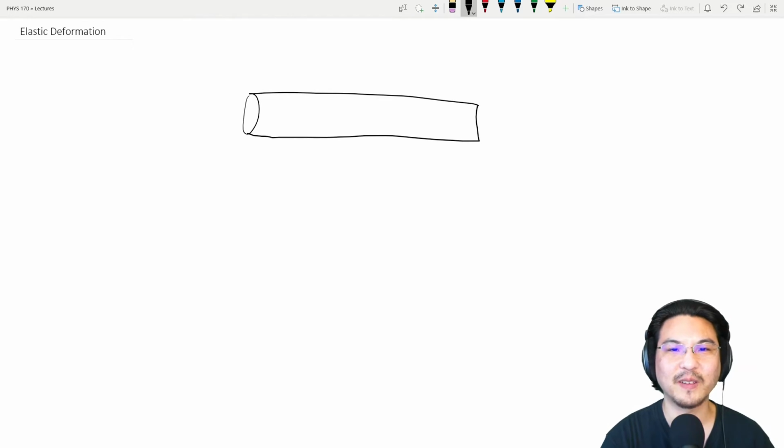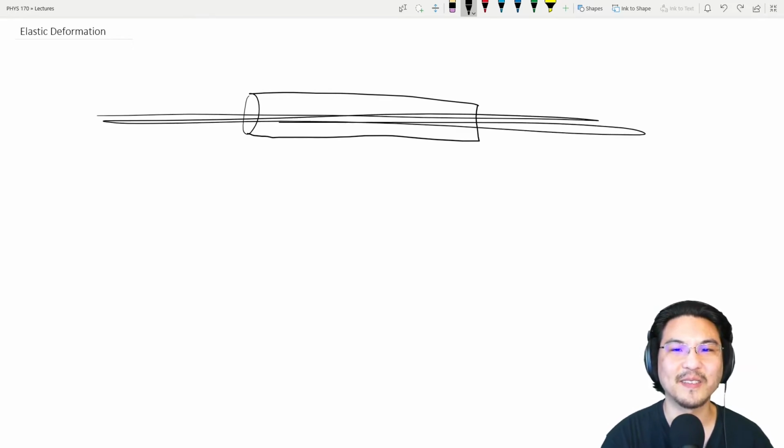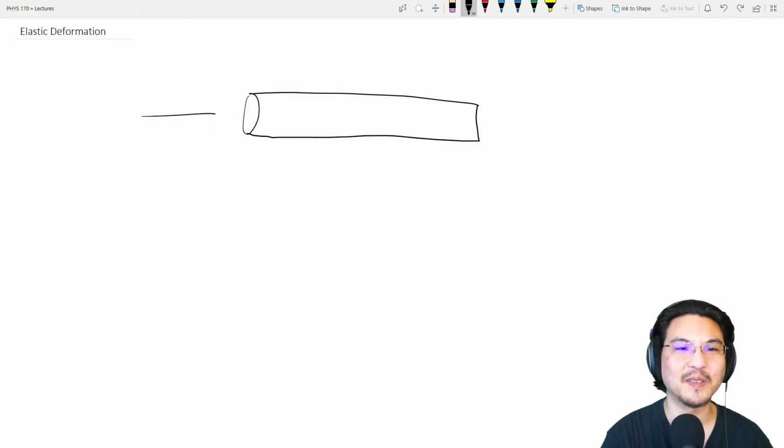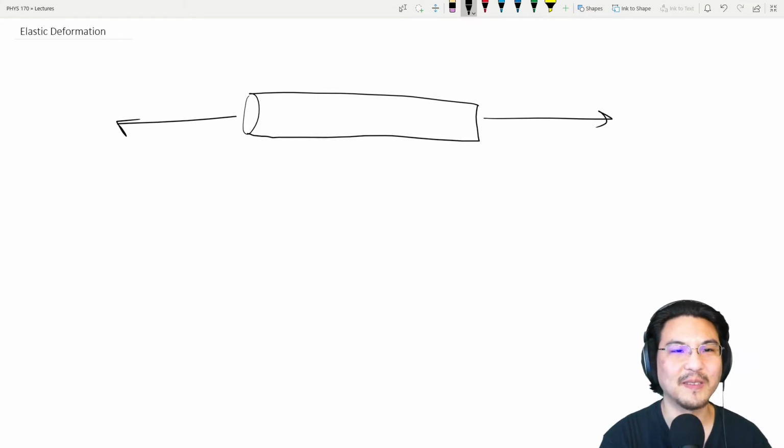Okay, so let's just focus on forces that are along the axis of this bar, so axial to the bar. So two different possibilities: compression or tension. I'll just keep the drawing like this.